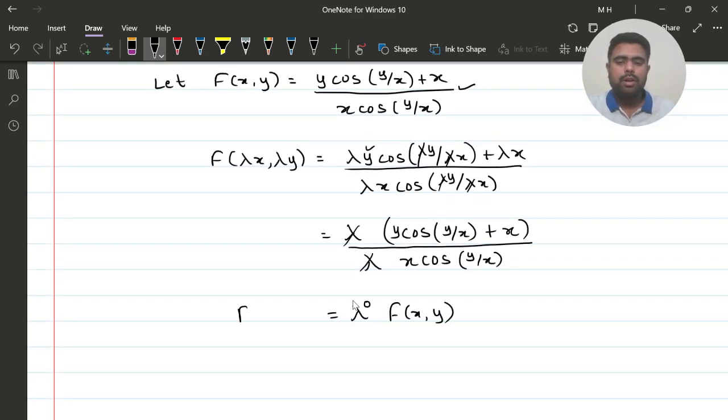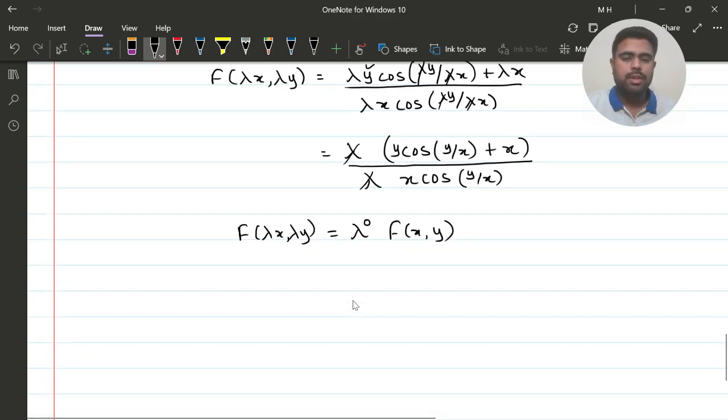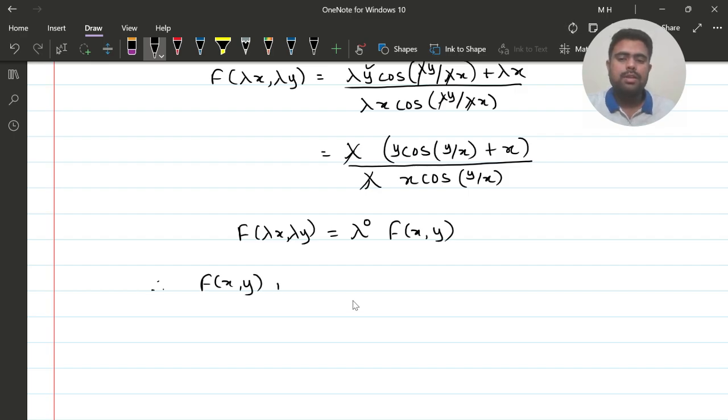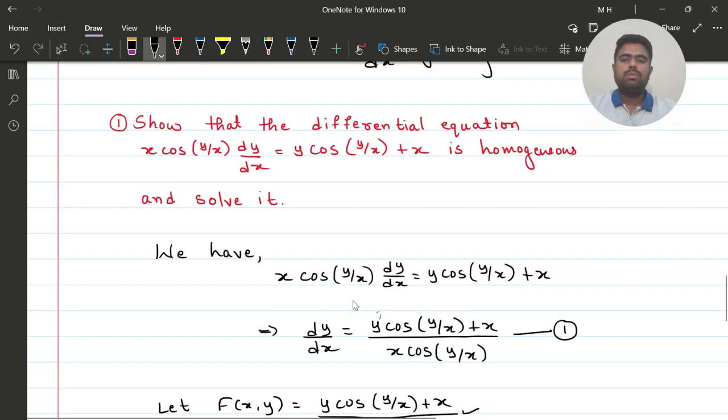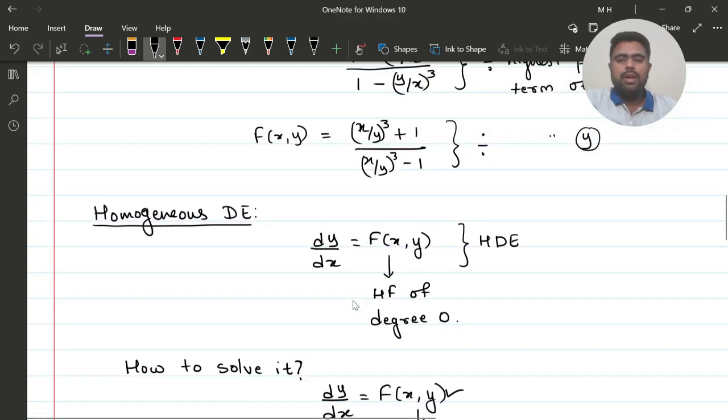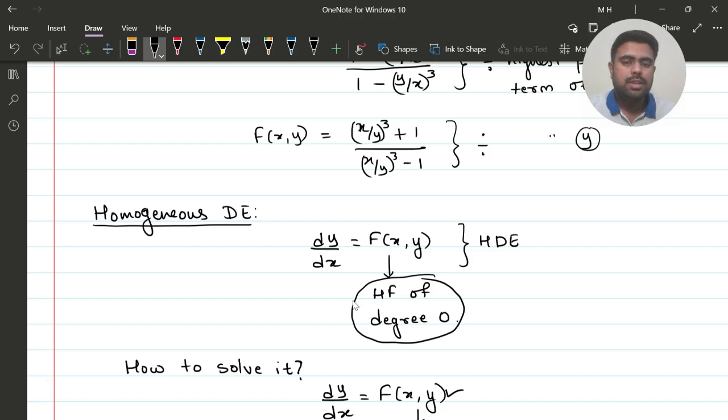So what did we get? We got f of lambda x comma lambda y is equal to lambda raised to 0 times f of x comma y. Therefore we can say that f of x comma y is a homogeneous function of degree 0. If f of x comma y is a homogeneous function of degree 0, then we had defined that the differential equation of the form dy by dx equal to f of x comma y is called a homogeneous differential equation.